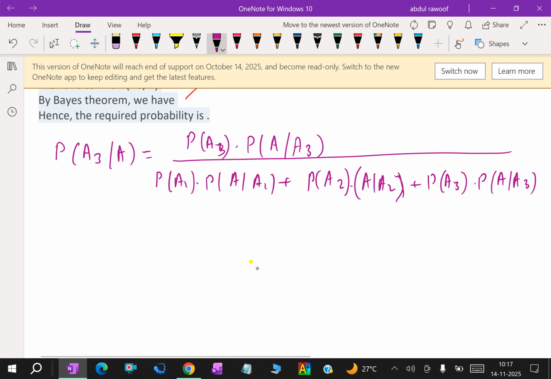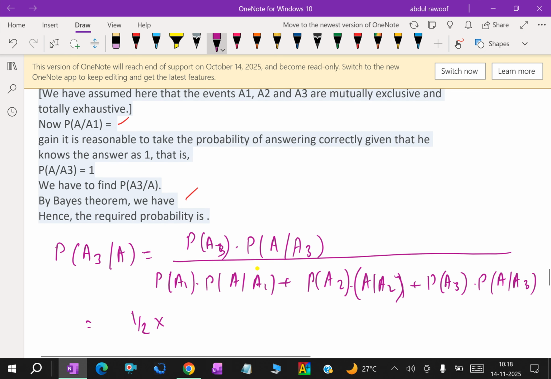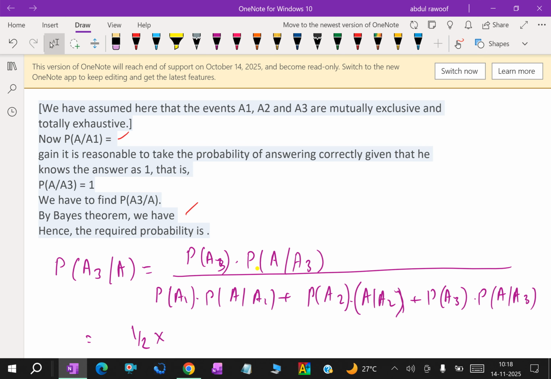Now we'll apply the values. Here P of A3 is half, given.